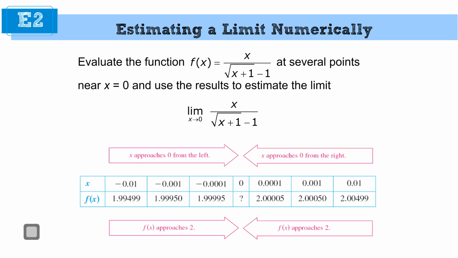So I've got a couple charts here that show you what's going on as we get closer and closer to 0. Notice on each side of those values, I'm approaching this point 0, and I'm increasing the detail as I get closer and closer to 0. You also see that the points are getting closer and closer to 0.